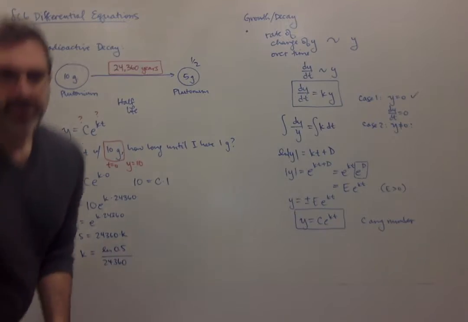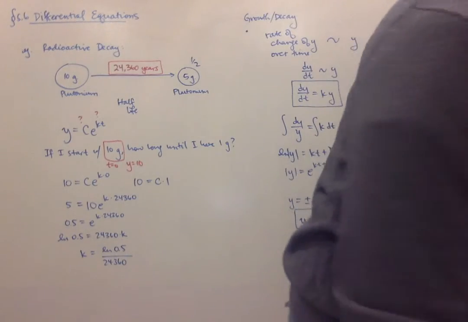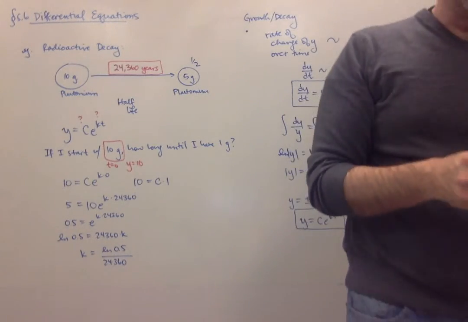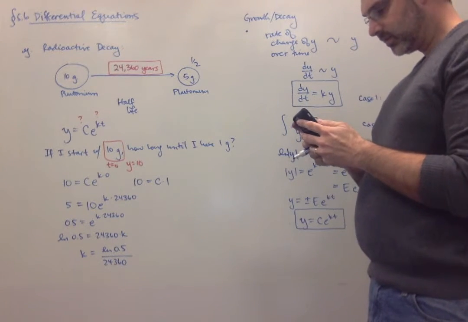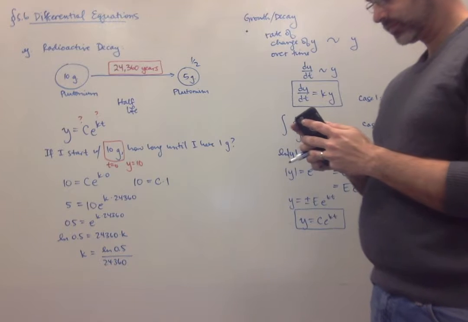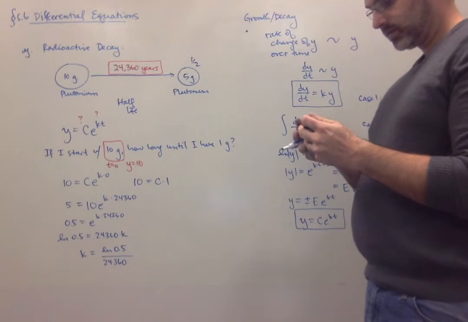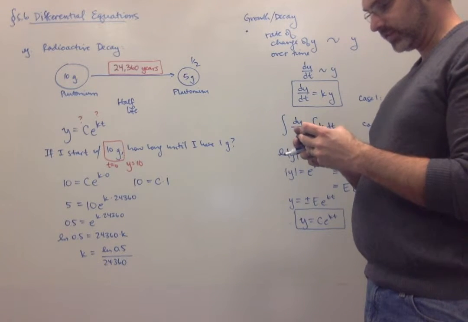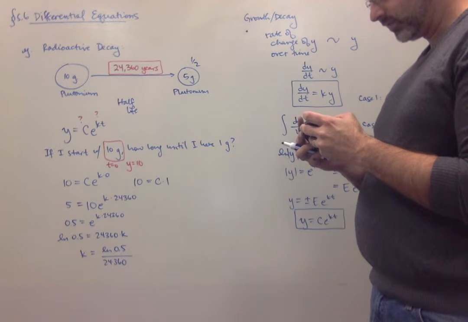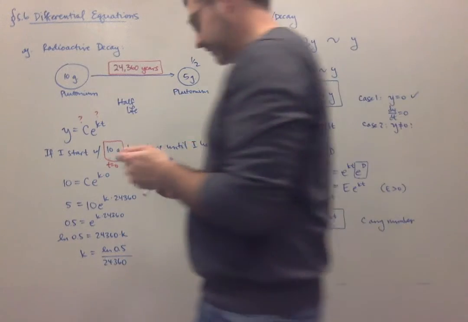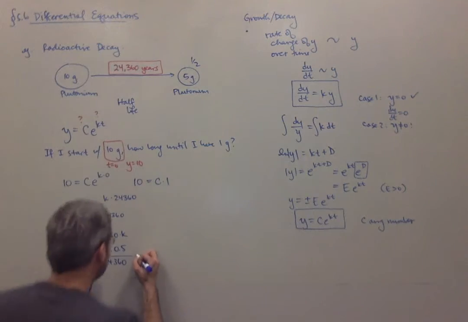Okay, and if I get my calculator out and just look at what that is, I'm going to take 0.5 and take the natural log of that, and then divide by 24,360, and I'm going to get a really small number, but that's okay.